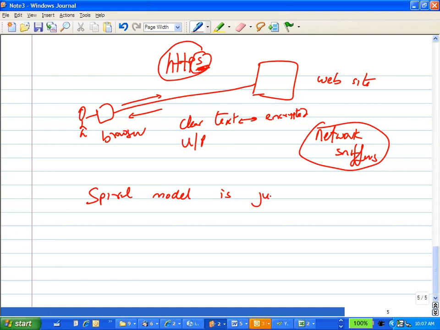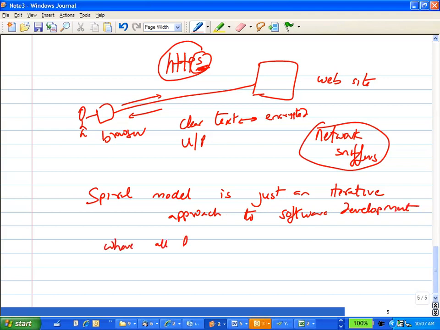is just an iterative approach to software development where all the problem areas are addressed one by one in subsequent prototypes.